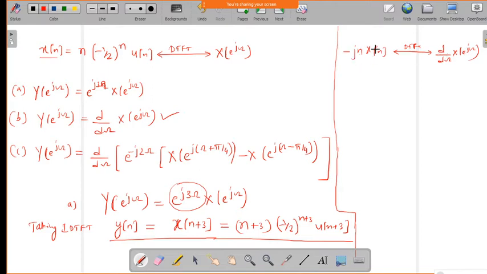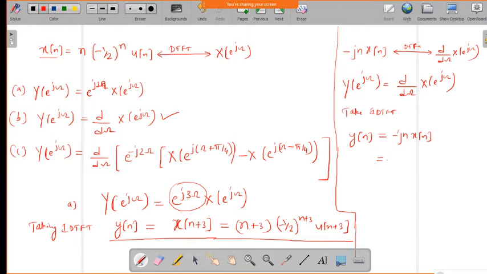What is this one? So y of e power j omega is given by d by d omega of x of e power j omega, right? Now correspondingly take the IDTFT, so you will get y of n. We know this one, if you take IDTFT, we will get minus j into x of n. Now we know x of n, which is given here, the signal.